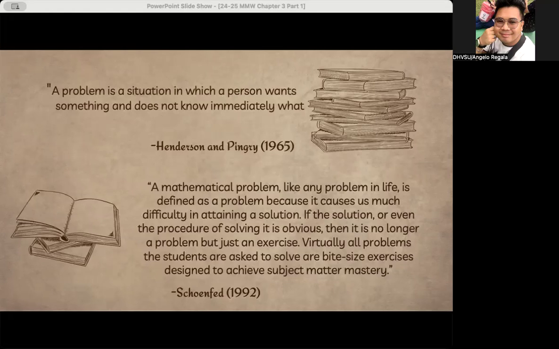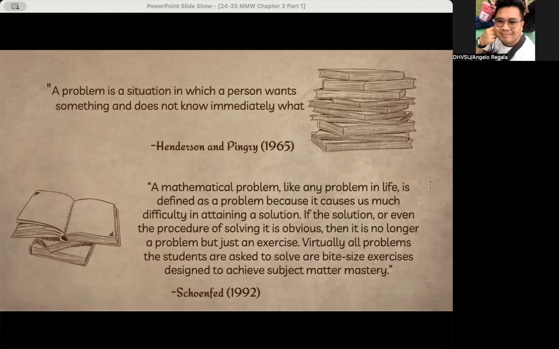Yung mga problema natin na na-encounter natin sa buhay, na kung saan we have difficulty attaining solutions for that problem. So sabi niya, if the solution or even the procedure is obvious, then it's no longer a problem. It's only an exercise or activity.